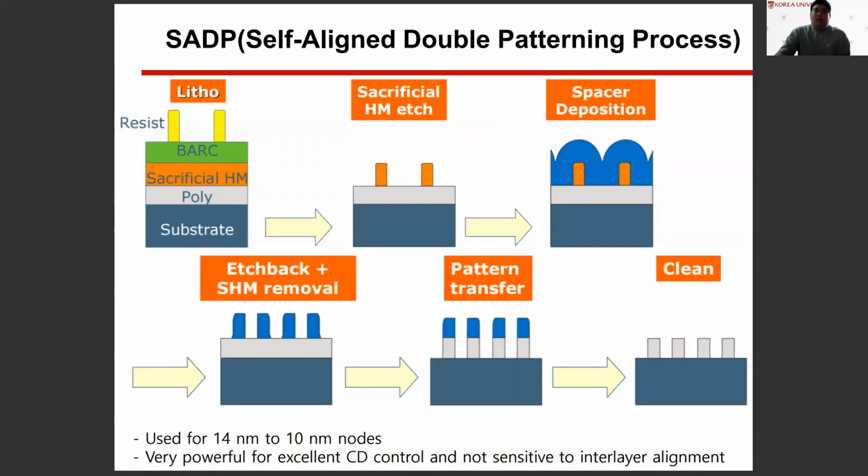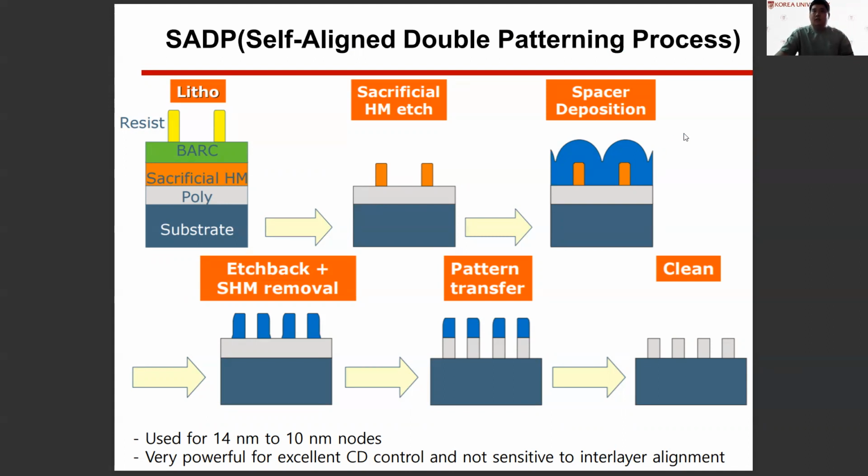Another way to make the fine pattern is the self-aligned double patterning process. We first make a lithography pattern, called the mandrel or dummy pattern, and we put spacers of always the same thickness.